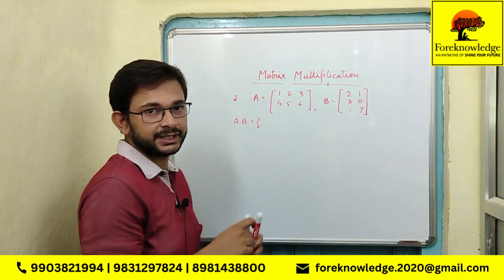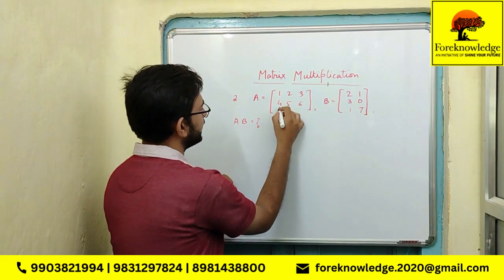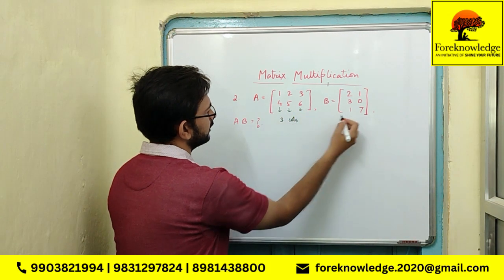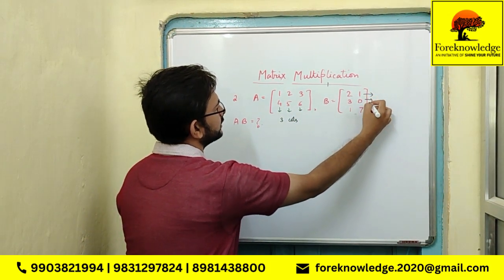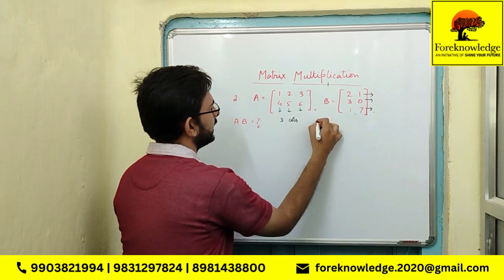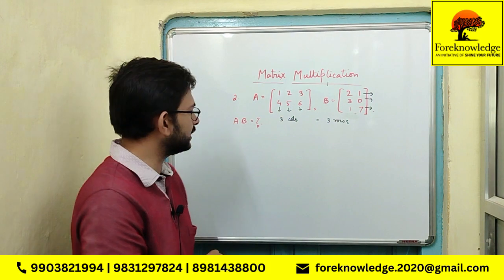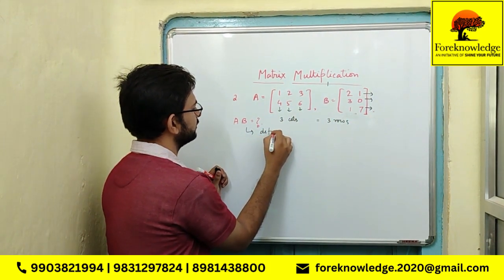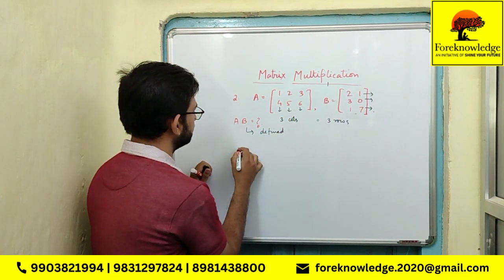A is the pre-multiplier here and B is the post-multiplier. A has 3 columns and B has 3 rows. So 3 is equal to 3. That means this multiplication is defined.